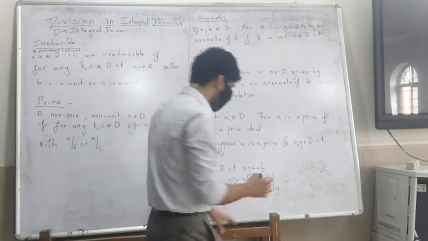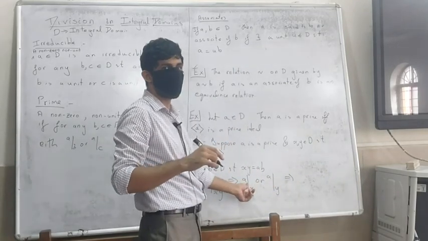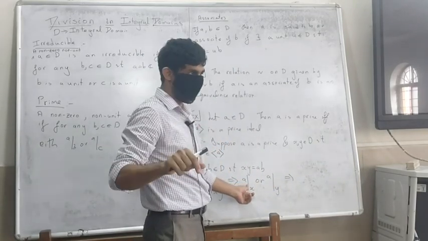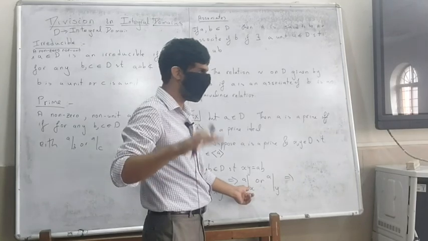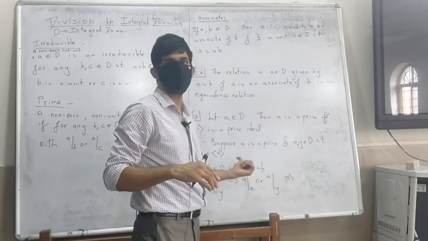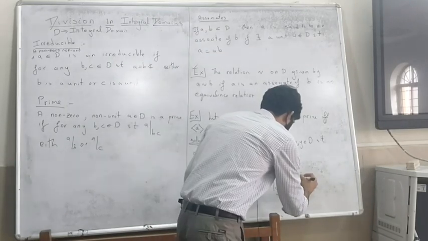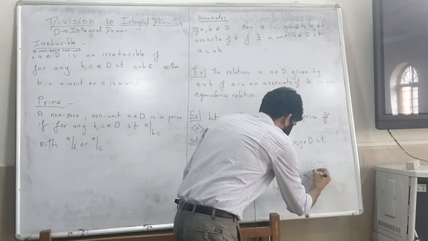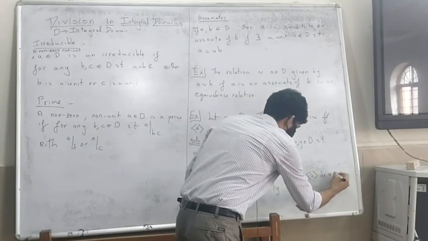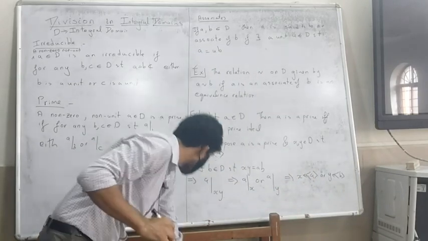Which is exactly equivalent to saying that A divides x means what? You can write x as some t times A, right? But t times A is always in this ideal. Similarly, you can write y as some s times A, but s times A is always in that ideal. So this will mean that either x is in the ideal or y is in the ideal. Easy to observe.